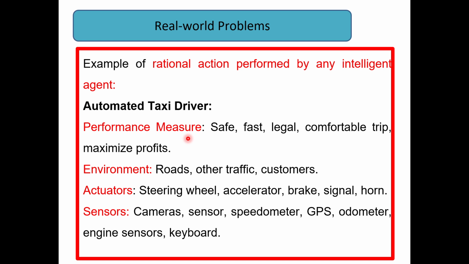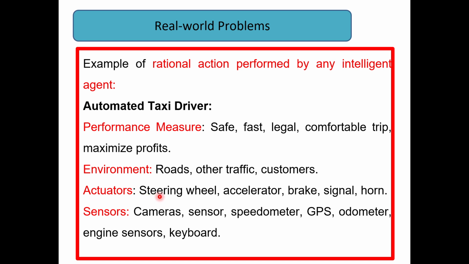The driverless car, Tesla is trying this kind of car. In this kind of real-world problem, performance can be measured: how safe it is, how fast, whether it drives legally, whether the trip is comfortable for the passengers, and then what about the profit. Then the environment is where it is going to be operated: the roads, traffic, and possibly the customers.